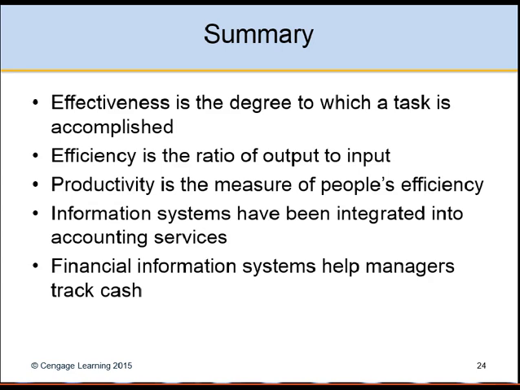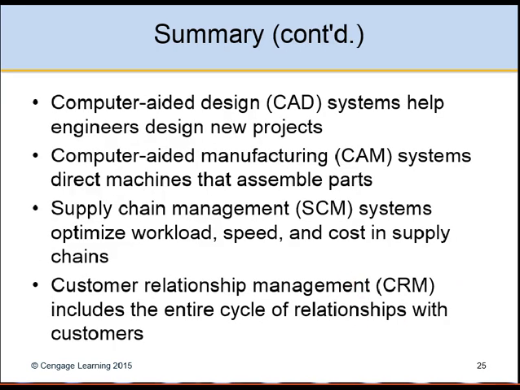So in summary, we've talked about effectiveness, efficiency, and productivity, and how information systems have been integrated into the various business functions like accounting services, finance, computer-aided design and manufacturing, supply chain management, and customer relationship management.